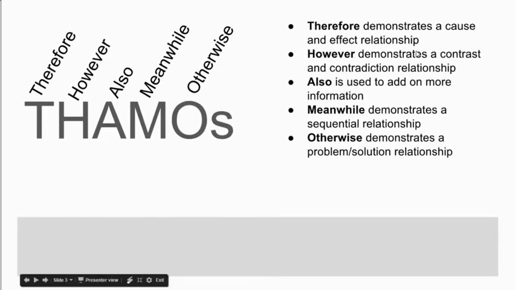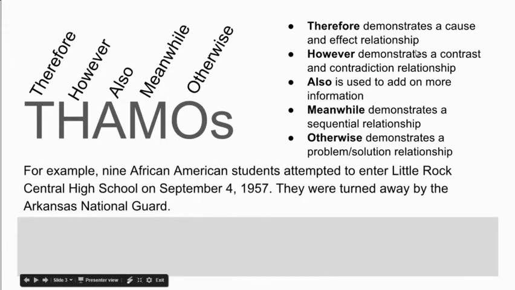Next one. The sentence is from my Little Rock 9 paper. For example, 9 African American students attempted to enter Little Rock Central High School on September 4th, 1957. They were turned away by the Arkansas National Guard. So I know that I'm going to replace the period with a conjunctive adverb.